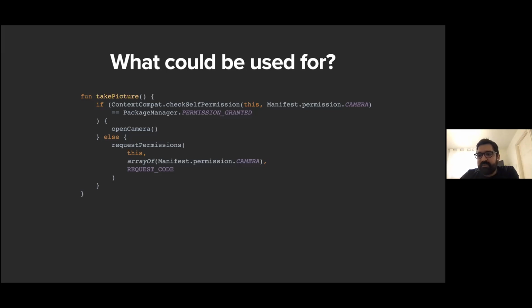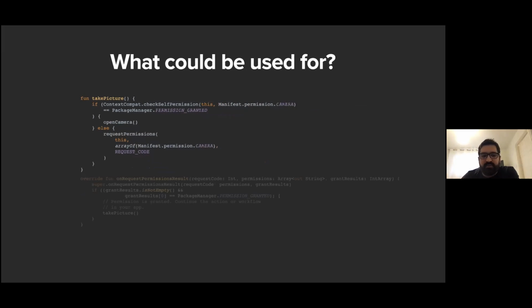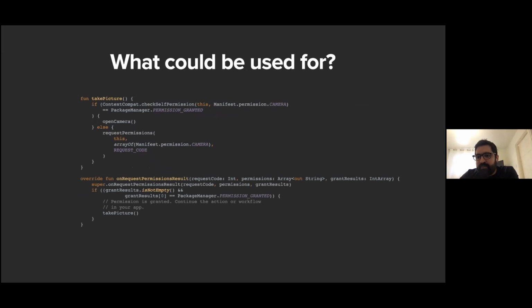But the thing with this code is that you cannot get the result of what the user ended up doing right here. You had to override a method from the activity so that you can get this kind of feedback later on, and then check if the user has granted the permission you need, and then proceed to take your picture.